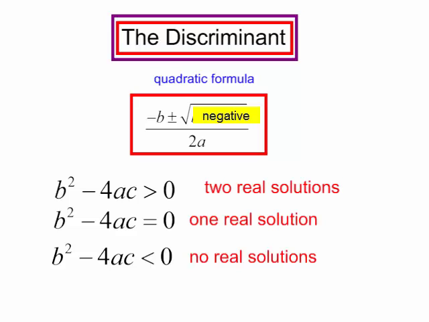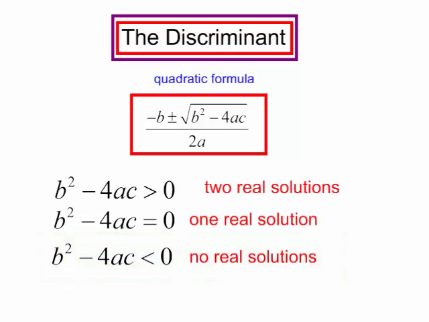Notice the discriminant is underneath the radical. So if it is negative, I will have a negative underneath the radical, which is an imaginary number. Sometimes in math, we will say we have two imaginary solutions, but for this lesson, we will just say that we have no real solutions.